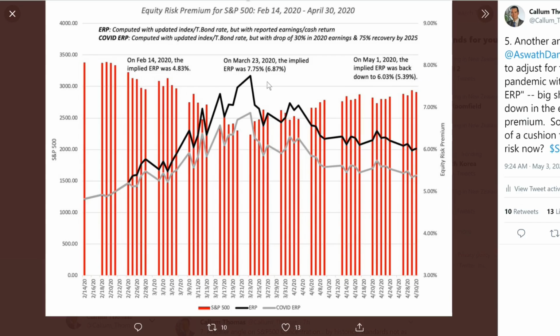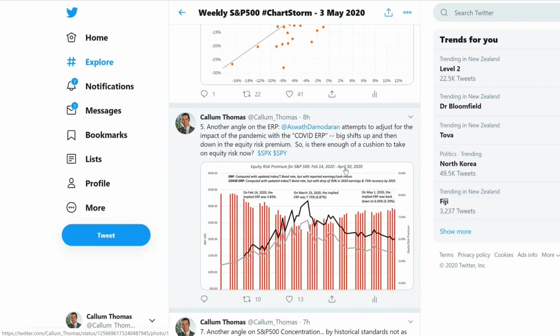Even if you look at the black line, it's come down quite a bit as well. So that equity risk premium, the compensation for taking on equity risk over treasuries, is shrinking. Again, that leaves it as an open question. On my calculations, it still looks pretty good for what it's worth.